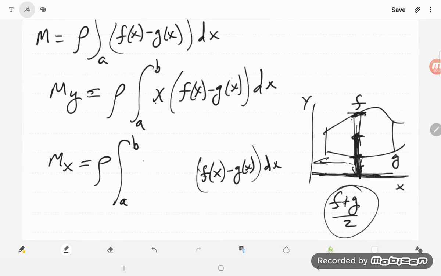And so that is f of x plus g of x all over 2. And that's where they get that formula. Okay, that is where the formula comes from.